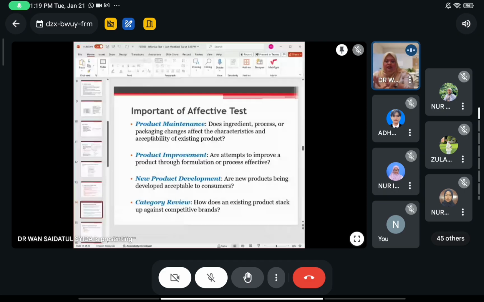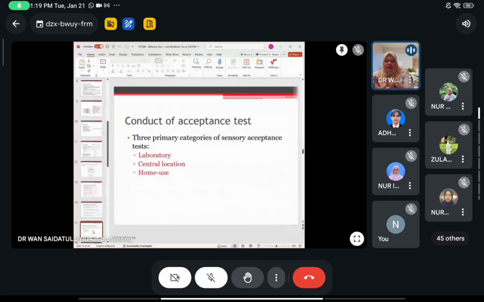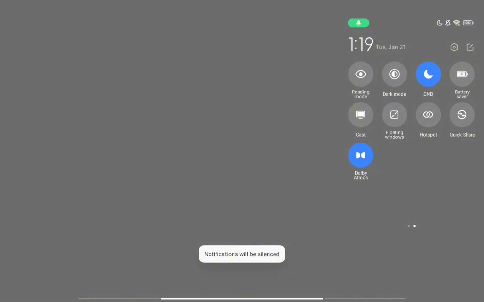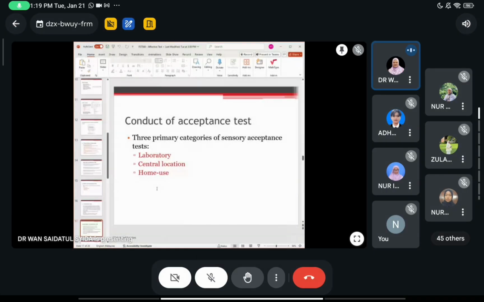Which sensory method is best to be suggested in the questions, right? And then the next one is where to conduct this acceptance test. It also depends on the situations. So basically, we have 3 locations: the laboratory, central locations, and home use.